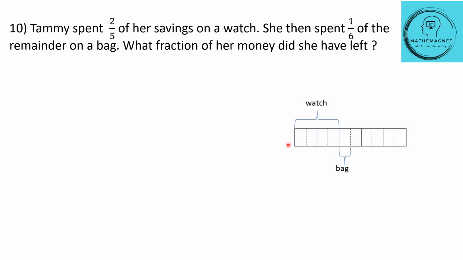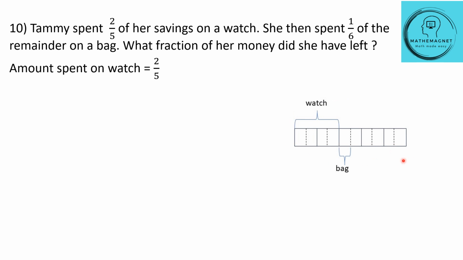Only then will you get a total of 10 units, right? So basically out of 10 units, 4 units have been used for the watch and 1 unit has been used for the bag. Basically we are making like fractions. We are converting 2 by 5 and 1 by 6 into like fractions using the bar model.